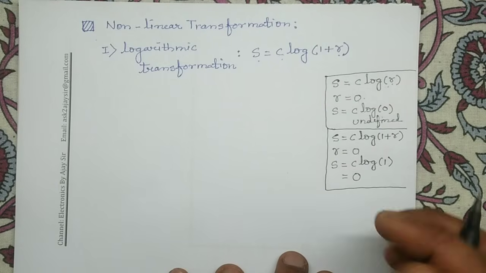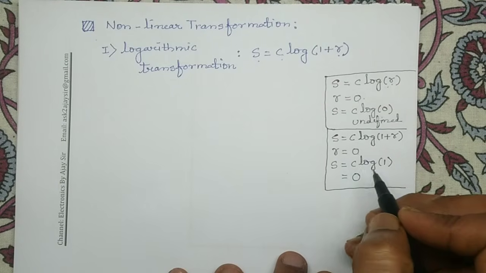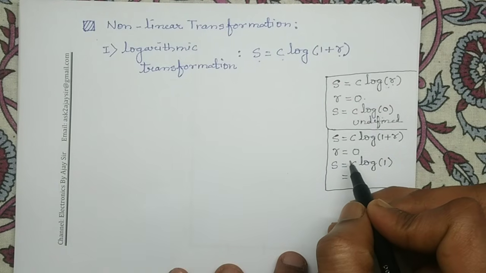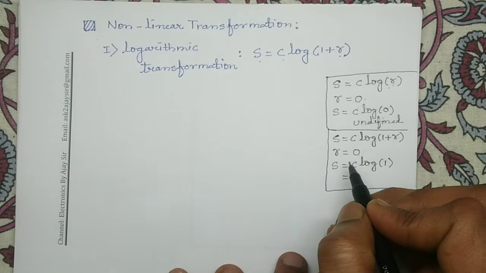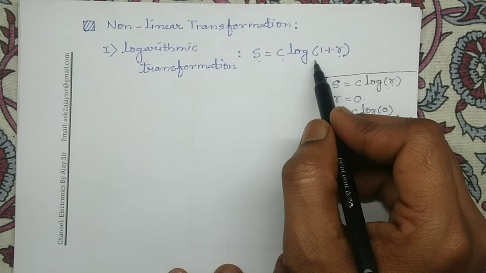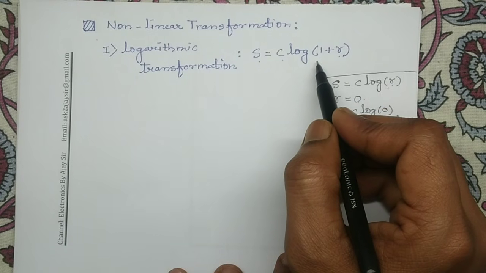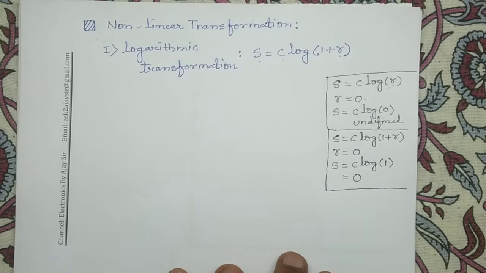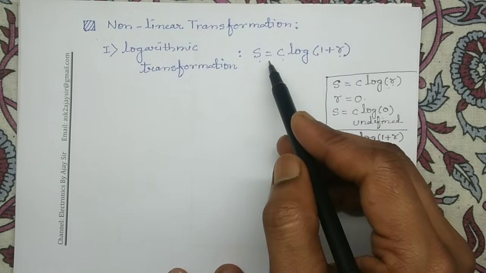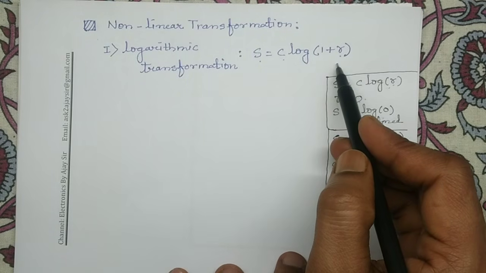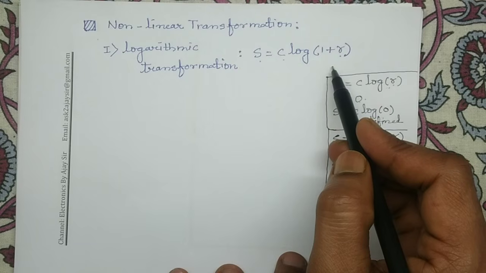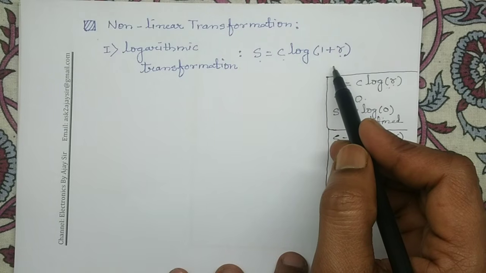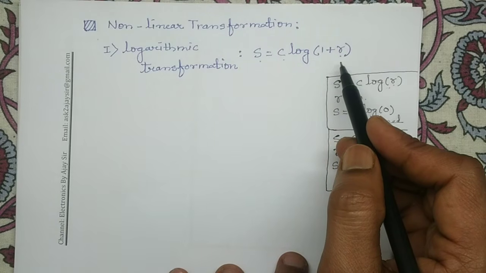And hence for logarithmic transformation in image processing, we widely prefer this equation S equals C log(1 plus R). Now in today's discussion, we will use this equation to plot the transformation curve for an 8-bit digital input image.